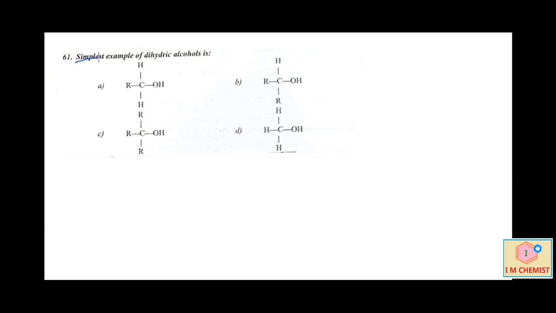MCQ number 60. Simplest example of dihydric alcohol. Dihydric means if you have 2 hydroxyl groups present in alcohols. So option A has only 1 hydroxyl group, option B also has 1 hydroxyl group. So none of these is correct. The simplest example for dihydric alcohol would be like this: CH2 and CH2.